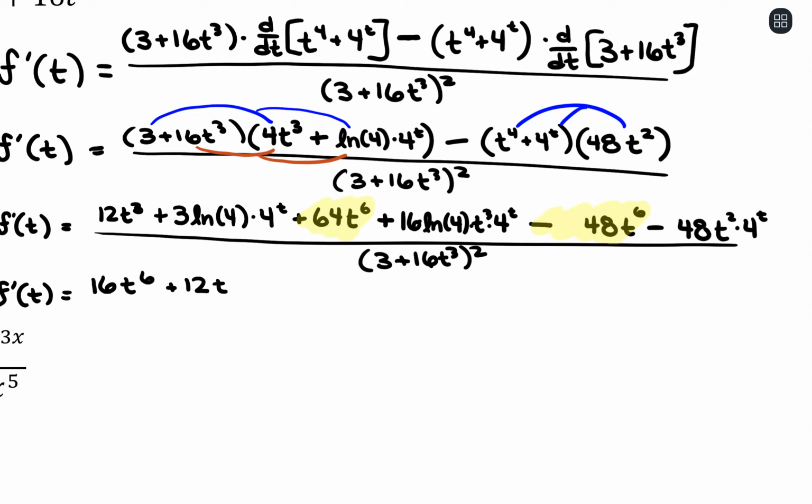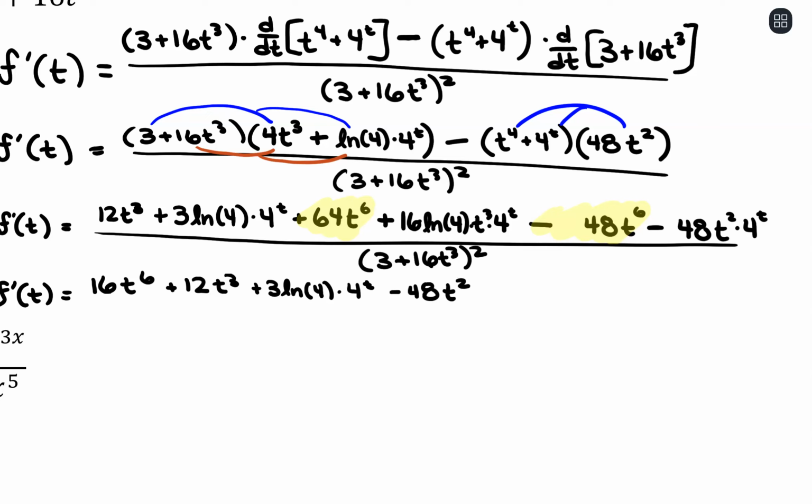So I'm gonna go plus t cubed plus 3 natural log of 4 times 4 to the t power plus, I'm gonna go ahead and do minus that 40. Oh, yeah, those are no, sorry, I thought I saw a like term, but it's not.